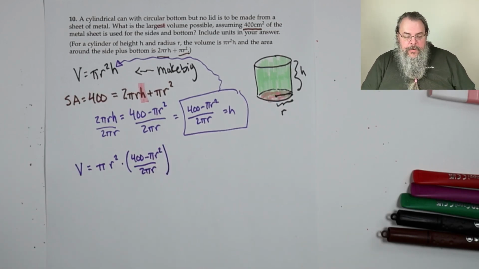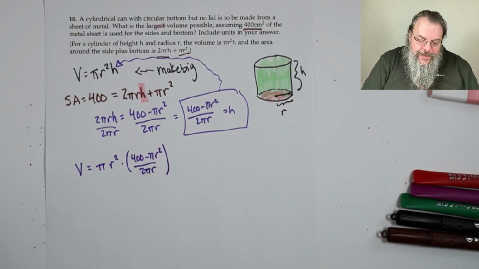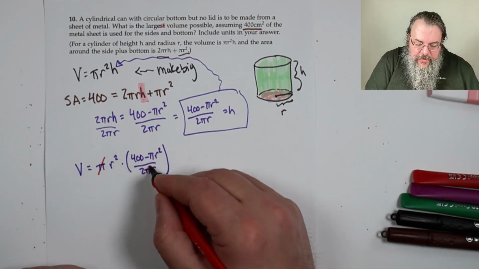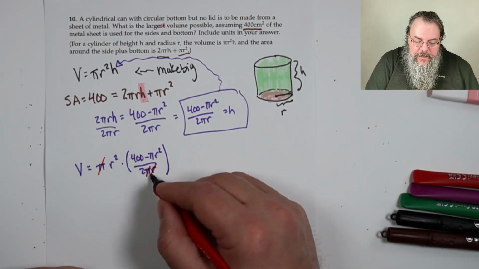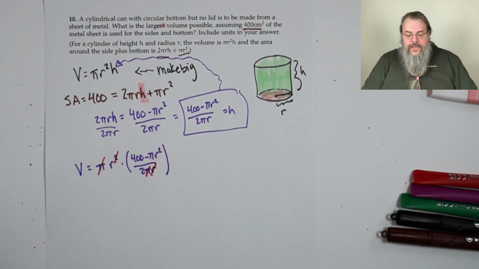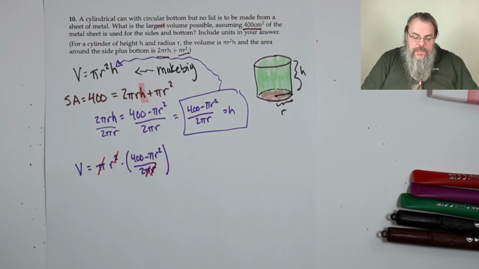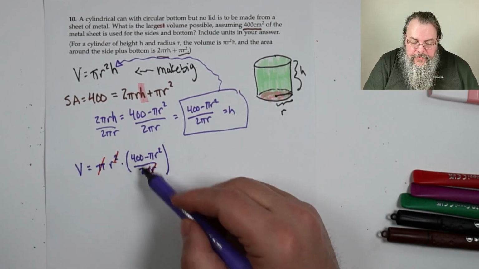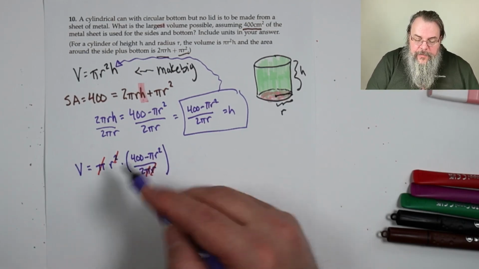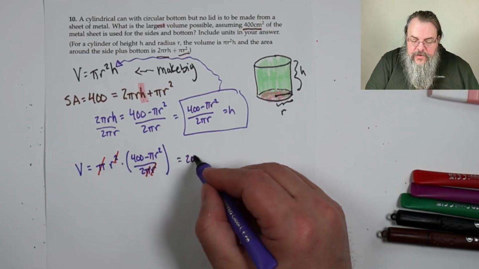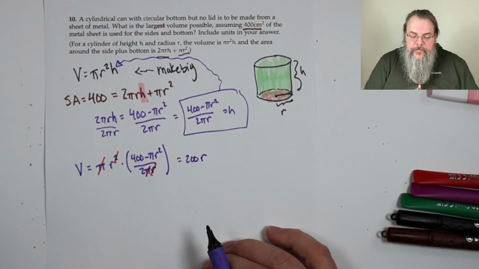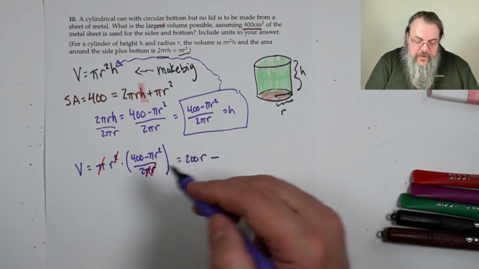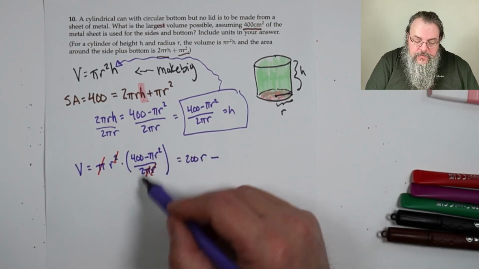And, well, good news. We get a pi to cancel, which is good, and we get an r to cancel, which is good. And now we can do some distribution. So we have 400 divided by 2 is 200 times r. So we get 200r. Subtract. Well, pi over 2.